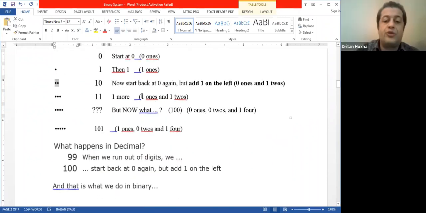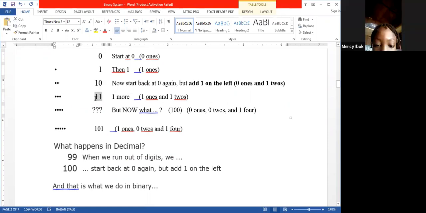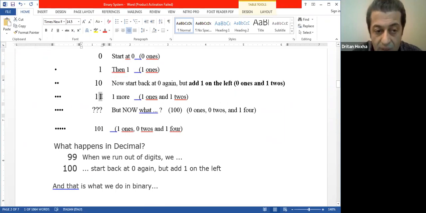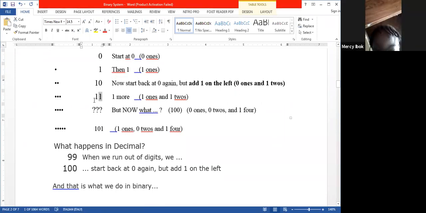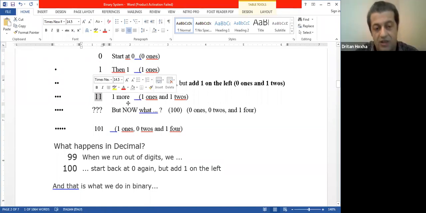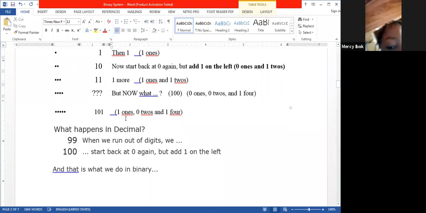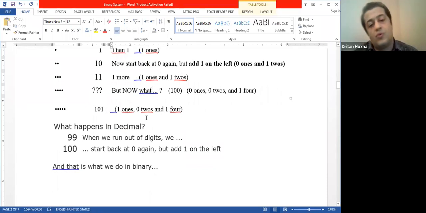If we want to write the number 3 in the binary system, we have 1 one and 1 two. So we should write 1 1. And we continue with other numbers.